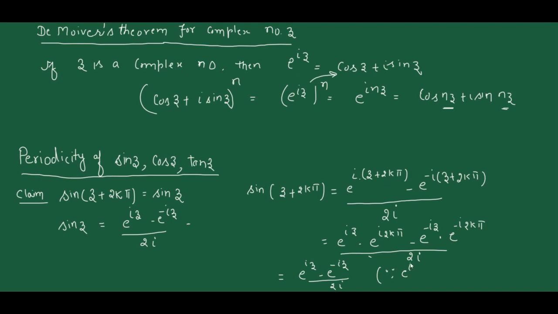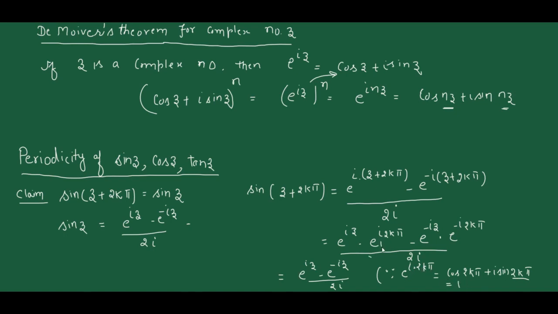e raised to power iota times 2k pi is nothing but cos 2k pi plus iota sine 2k pi, and you know that cos 2k pi is 1 and sine 2k pi is 0. So it means e raised to power iota times 2k pi is 1.